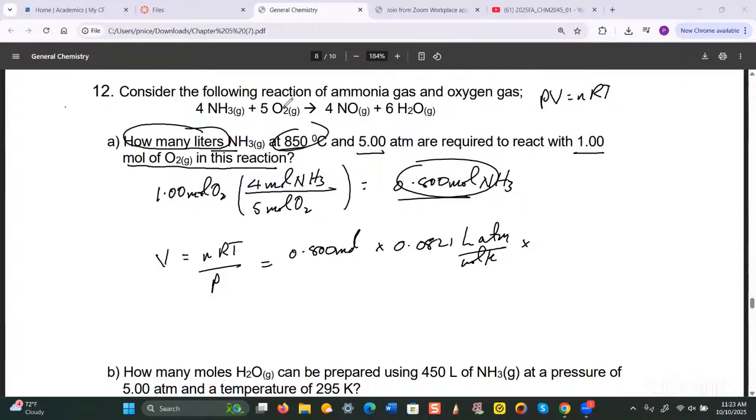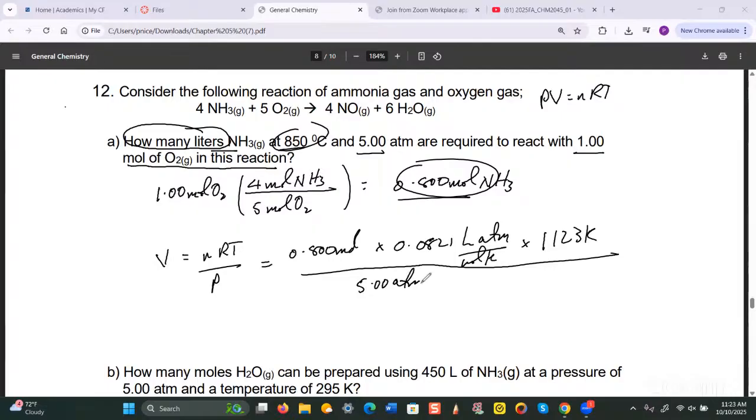So that would be 850 plus 273, and I got 1,123 Kelvin. And then we divide all of that by the pressure, which is given as 5.00 atmospheres.